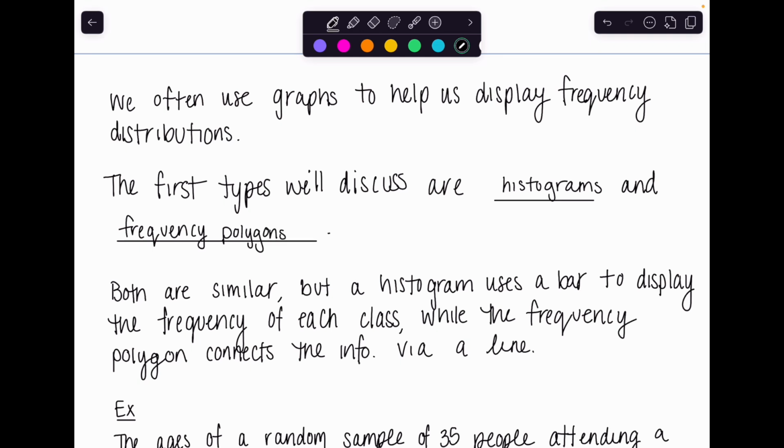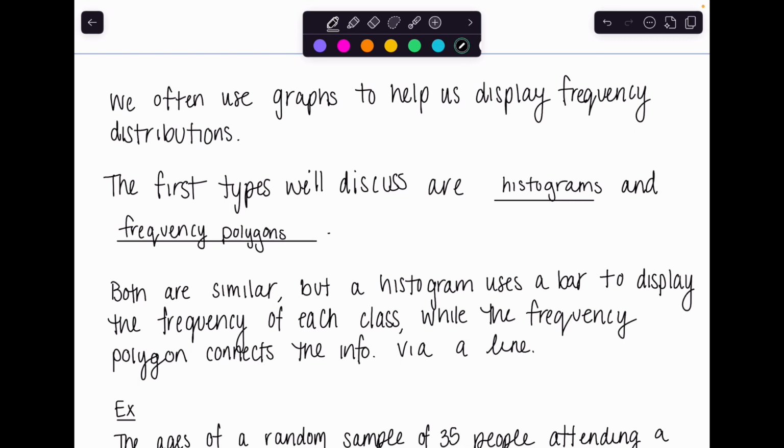It depends on the book you use, and on the software too, as to what's going to go at the bottom, but they're both ways to display this. The histogram is basically just a bar chart. So you use a bar to display the frequency of the class, and instead a frequency polygon is going to connect the dots and create a line to show you what's going on.